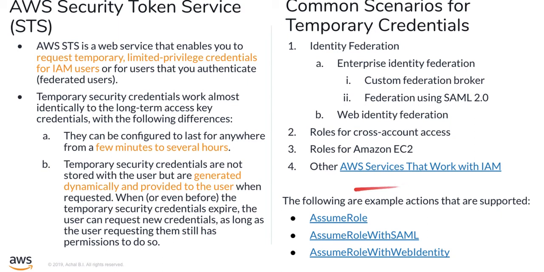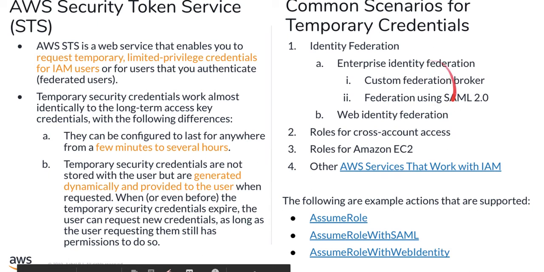There are also other AWS services that work with IAM, so you could check more on that. Some of the following actions are supported here. Whenever a user is assuming a role, STS would provide AssumeRole as the permission.